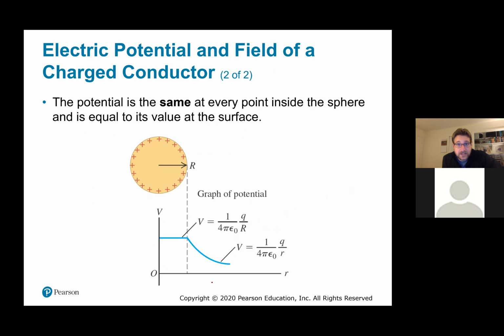And it's all at the same voltage according to the voltage it would have just at the surface. Because we know from our work with Gauss's law that the spherical conductor outside the surface behaves like a point charge. So the electric potential at a distance r should look just like that for a point charge. And it's going to have that value the whole way. And then after that, it varies like 1 over r. As we get farther away, the electric potential decreases.